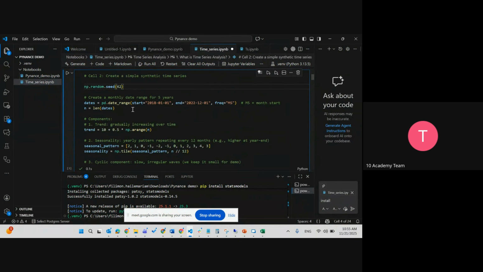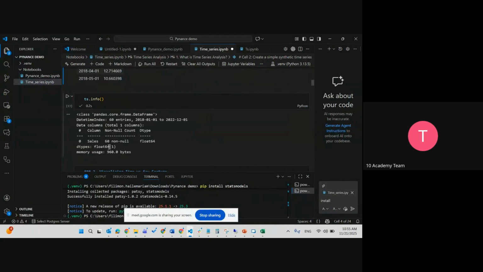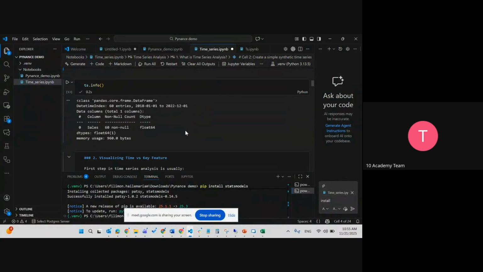I've created 5 years of sales data with a random seed from 2018 to 2022. So this is the data head. We have 60 rows, because we have 12 months within a year, times 5, it's 60.